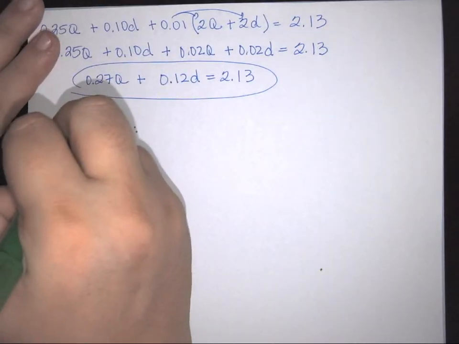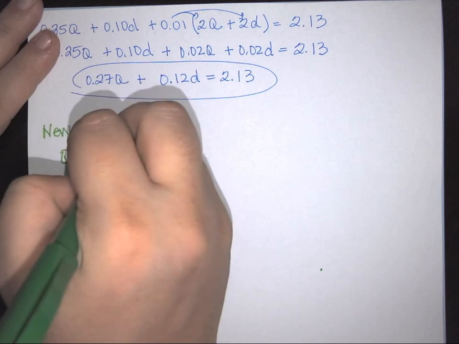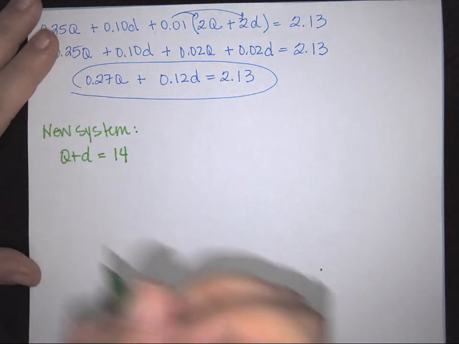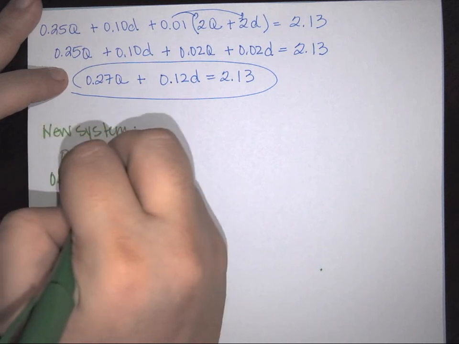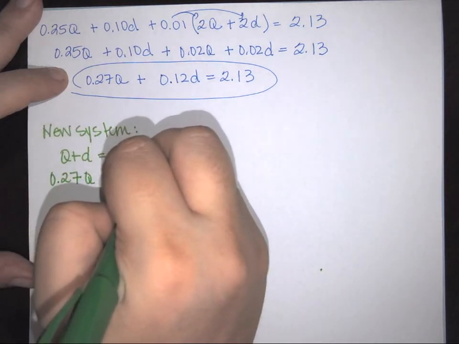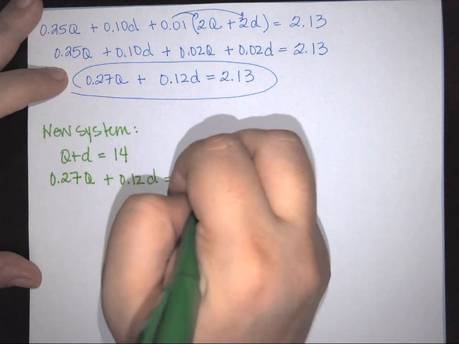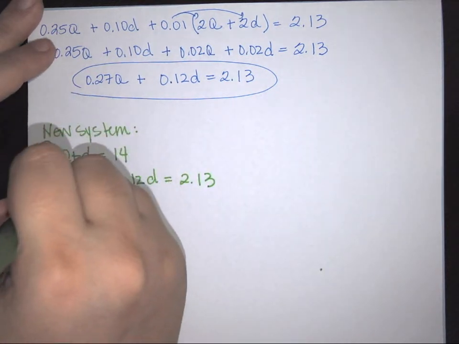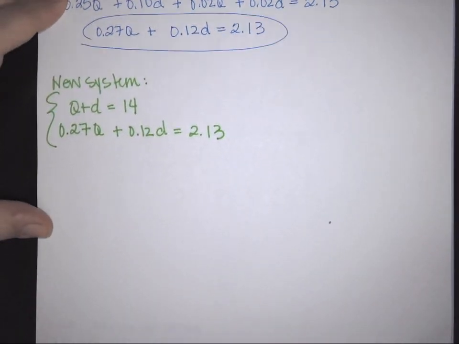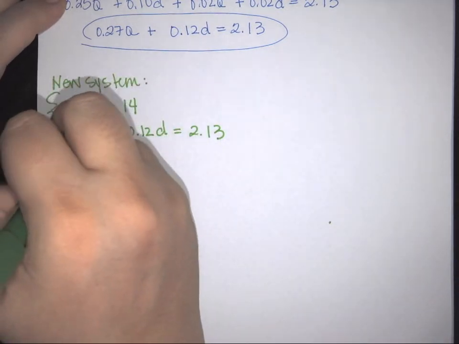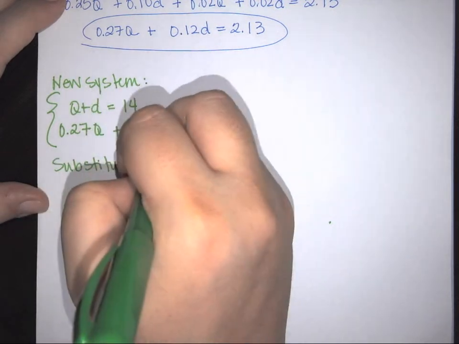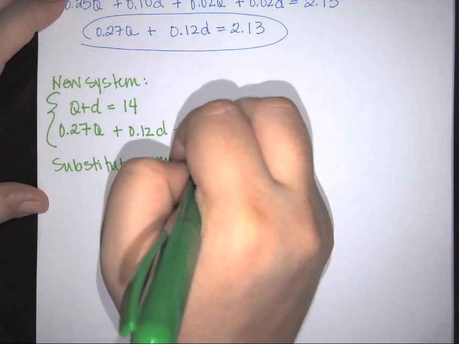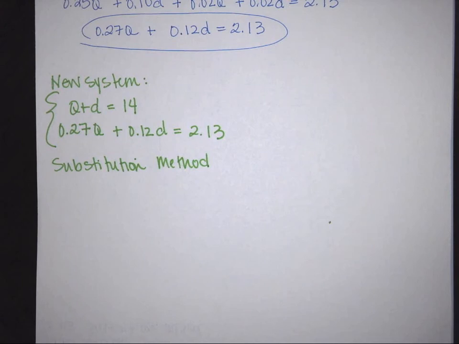And then I have my second one, 0.27q plus 0.12d equals 213. And this is a new system. Again, I have to use the substitution method in order to simplify. So we're going to do it again.